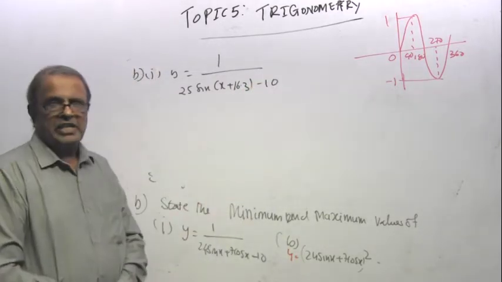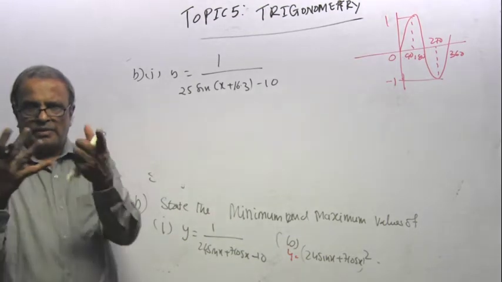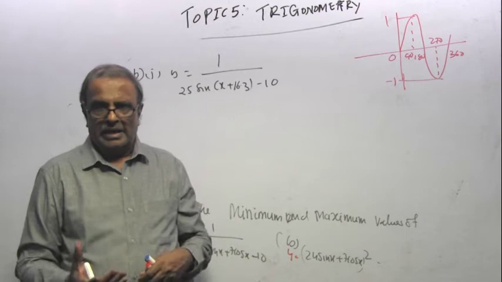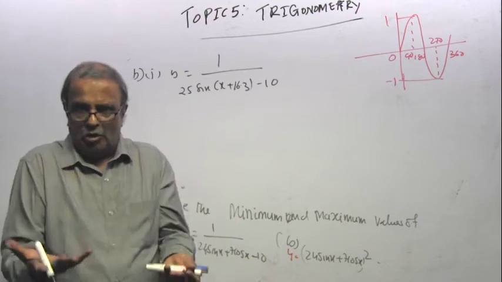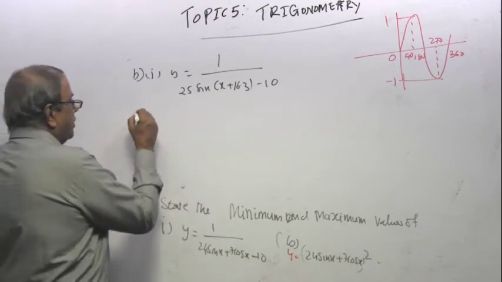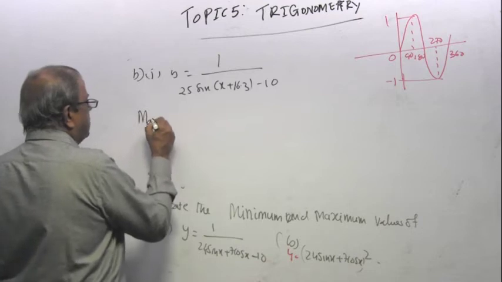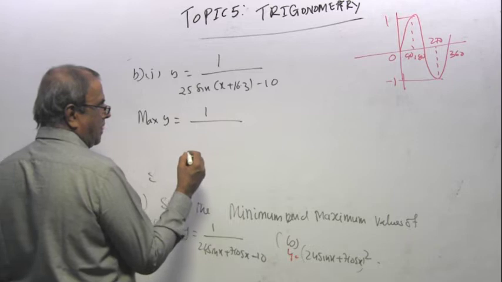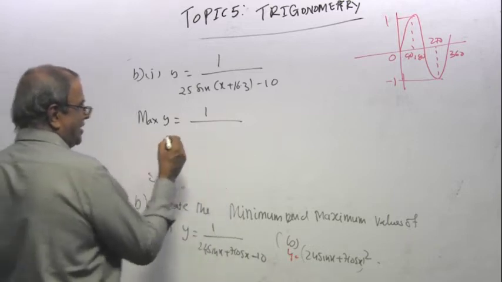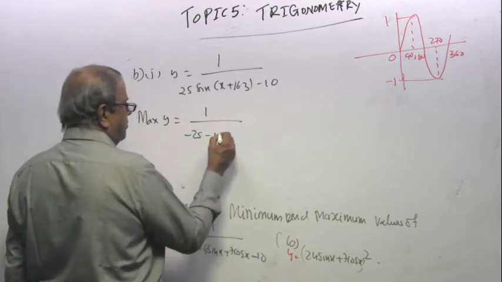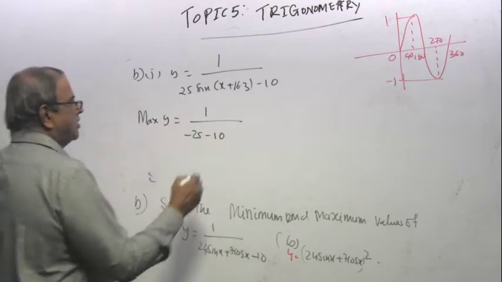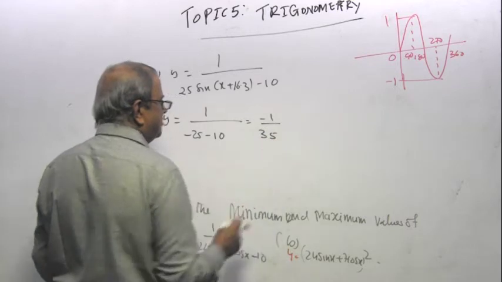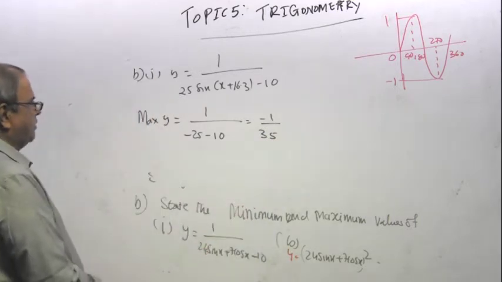When is a fraction maximum? A fraction is maximum when the denominator is minimum, and a fraction is minimum when the denominator is maximum. So maximum y will be 1 over, very interesting, minus 25 minus 10. So it is minus 1 over 35. Some logic is wrong somewhere, we'll see.